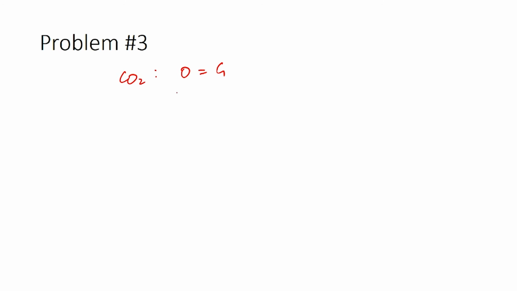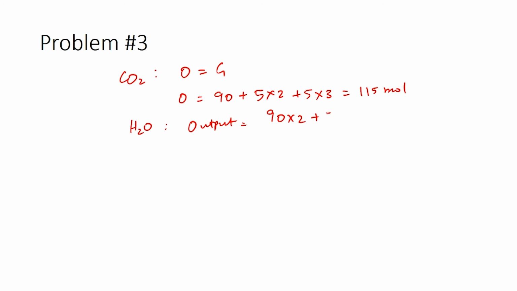So, output would be equal to 90, the moles of carbon dioxide from methane, plus 5 times 2 from ethane, plus 5 times 3 from propane. So, the total moles of carbon dioxide in the stack gas would be 115 moles, and similarly for water, the output would be 90 times 2 plus 5 times 3 plus 5 times 4, giving us a total of 215 moles of water.